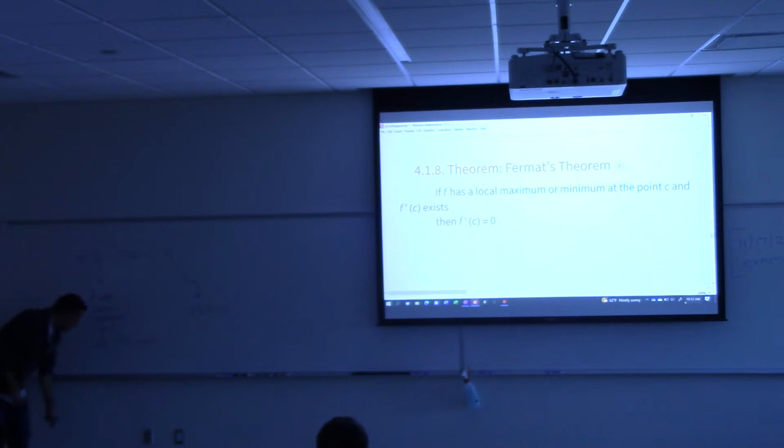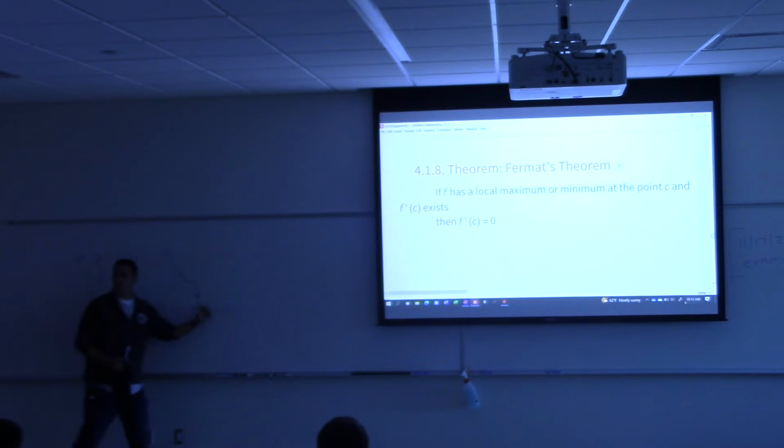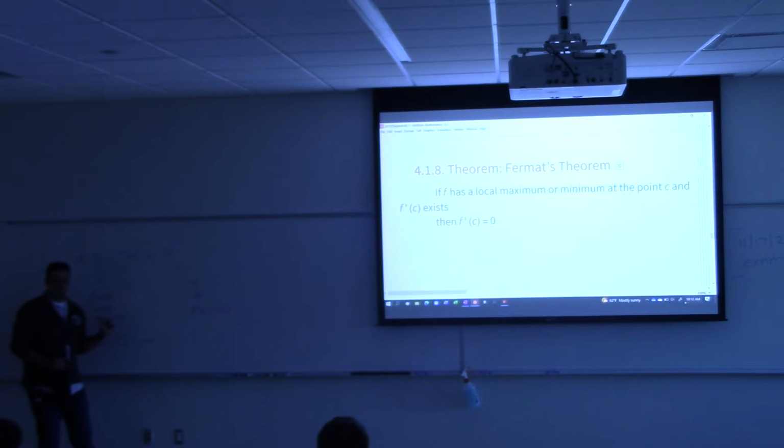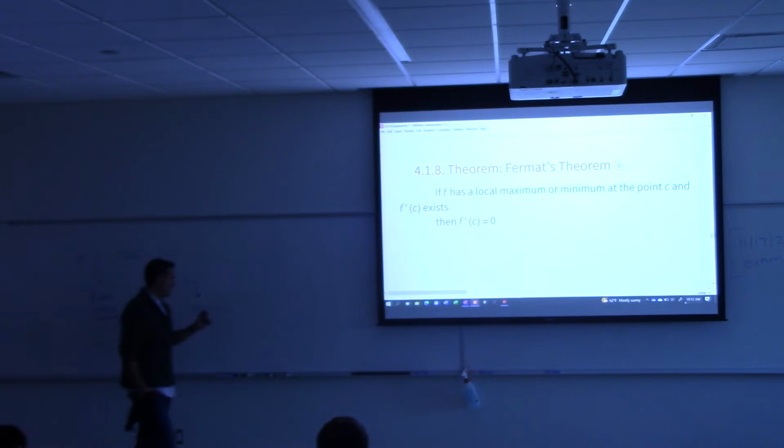When you see statements like this in math, the order is important, all right? We cannot read this backwards. We cannot say if this is true, then this is true. That's not the way theorems work. It's this implies this. I'll give you the classic example that I give my classes.